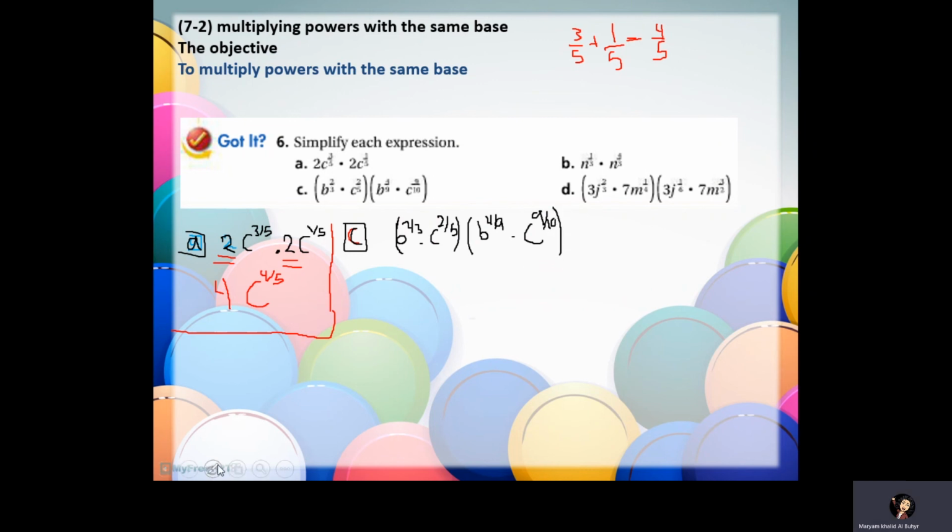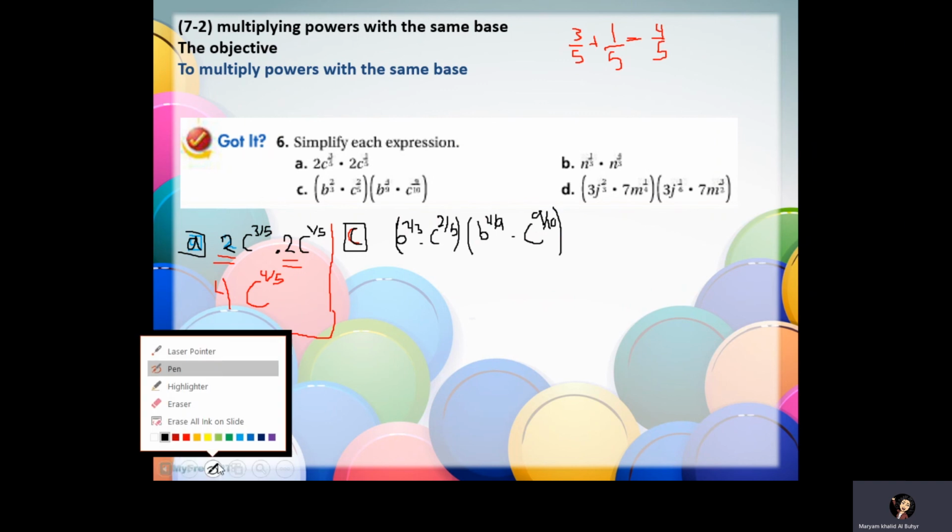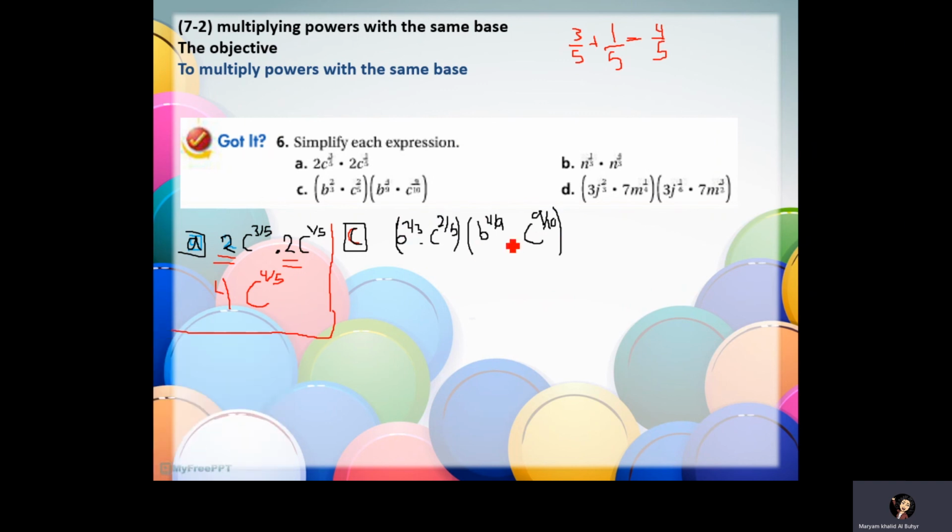So what should you do if you have something like this? You don't have numbers. All the coefficients are 1, no problem. Next thing, do I have the same base? Yes, these have the same base. I'm going to add their powers immediately. So B to the power 2 over 3 and 4 over 9. Just calculate them and then directly write the result.